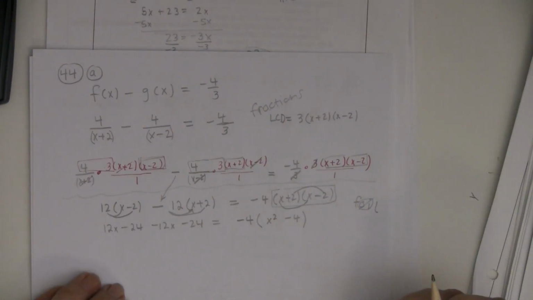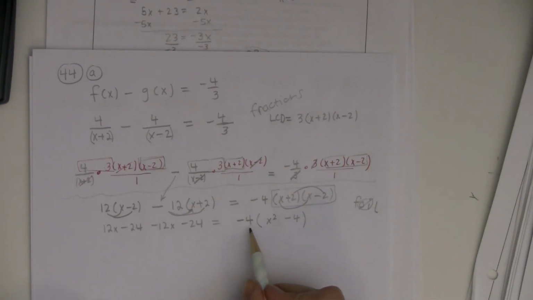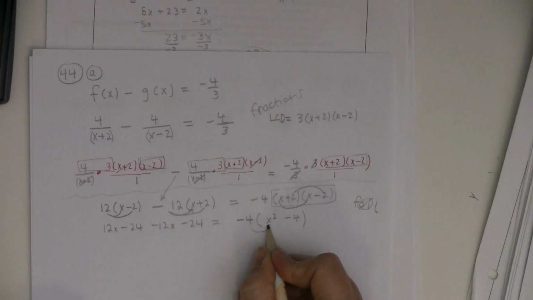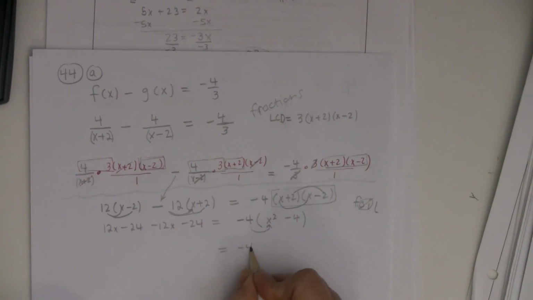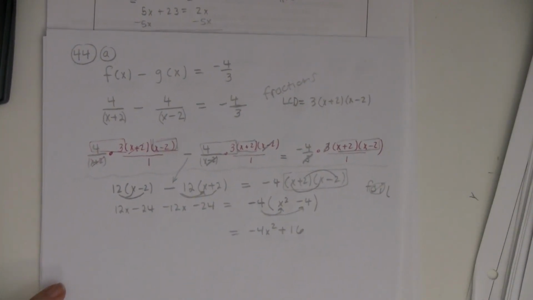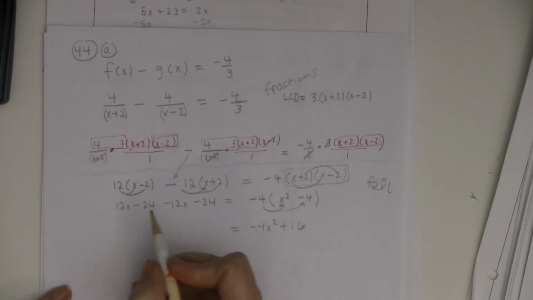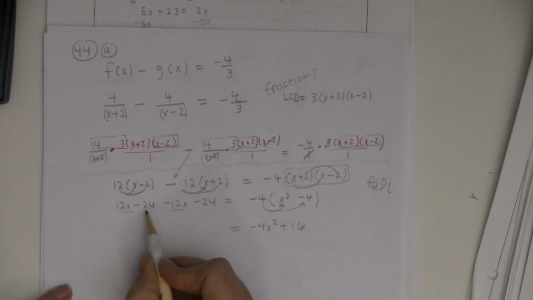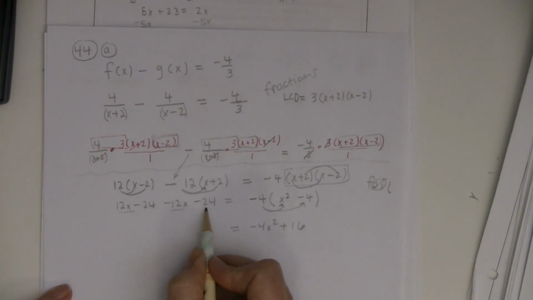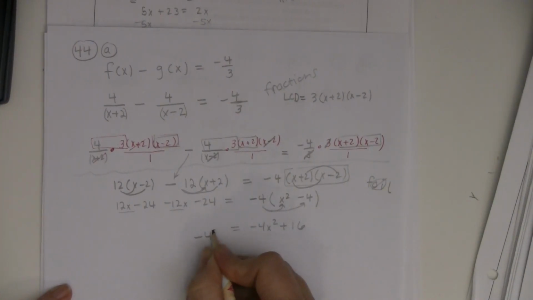And so when I multiply this together, I'm going to have negative 4x squared plus 16. And on the other side, I might as well combine the like terms and put it down here. So I have 12x minus 12x is 0, and negative 24 and negative 24 is negative 48.